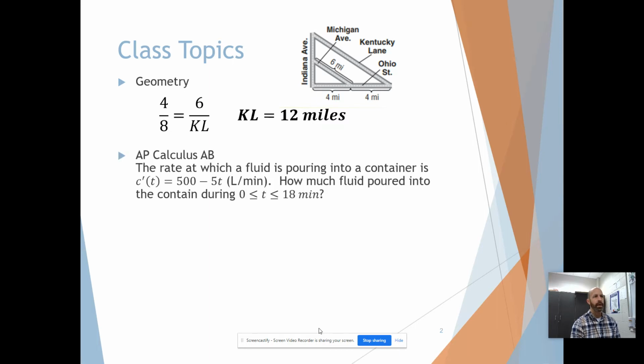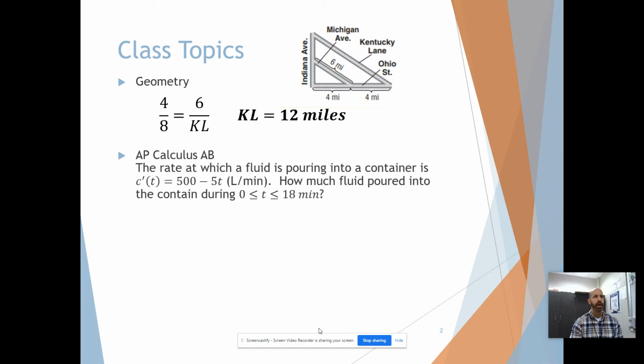In AP Calculus AB, we are looking at the fundamental theorem of calculus and some of its extended theorems and corollaries. And here we're going to use one called the net change theorem. And so here we're told that the rate a fluid is pouring into a container is 500 minus 5t liters per minute.